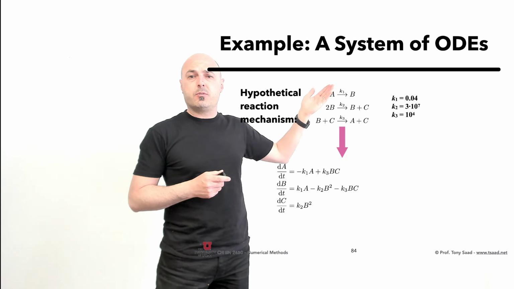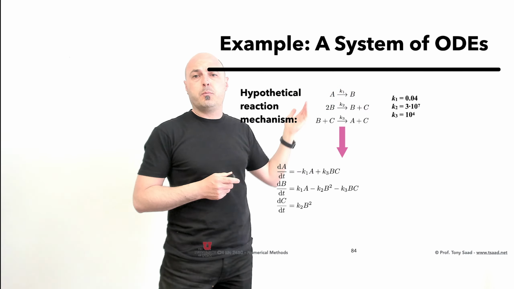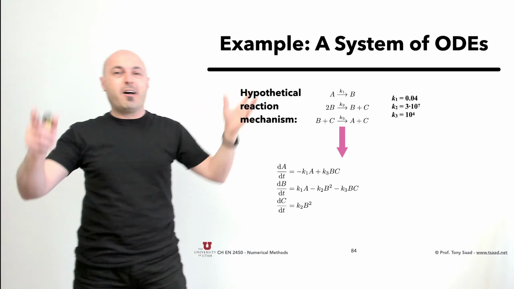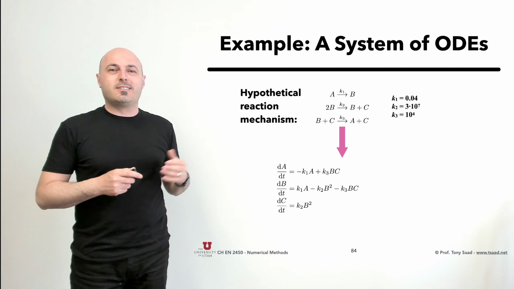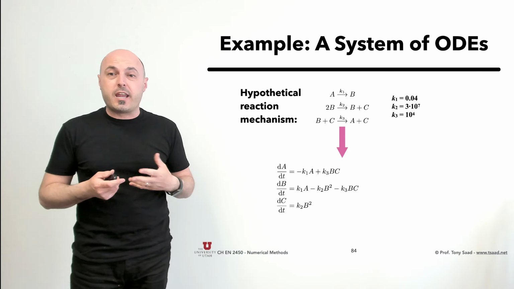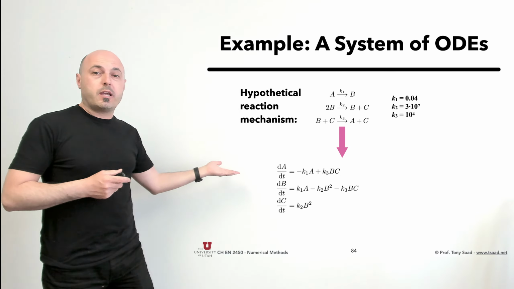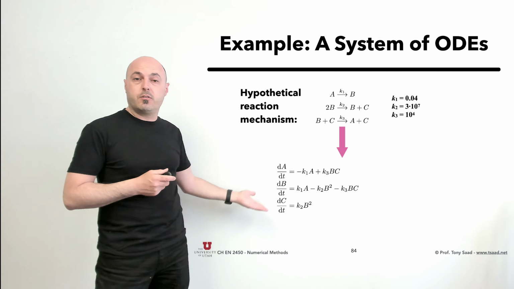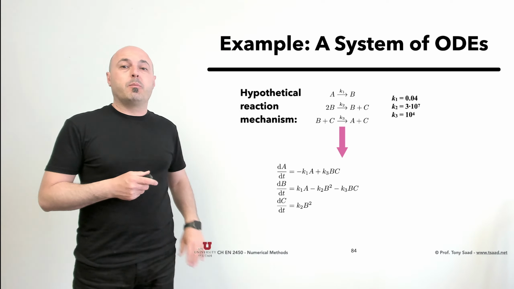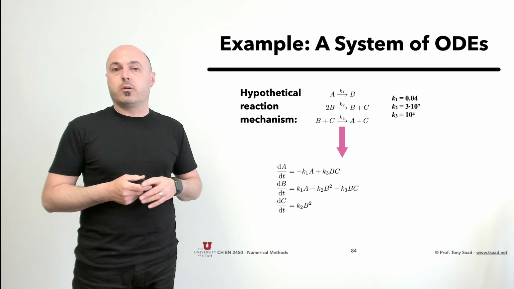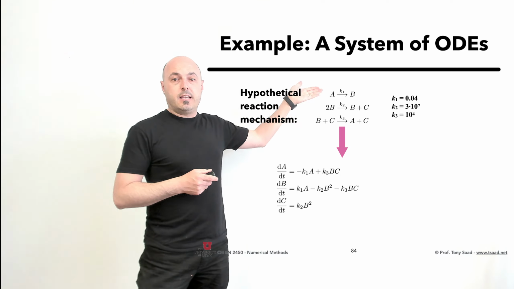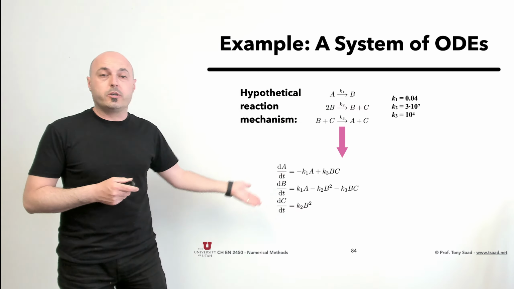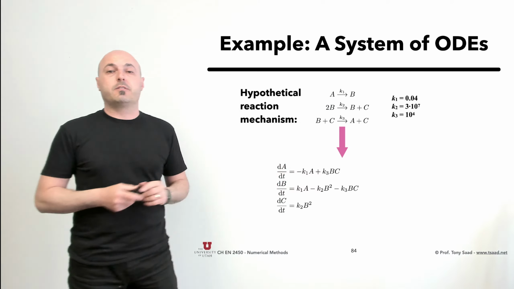A reacts at a given reaction rate k1 and converts into B, and then B converts into B plus C, and then B plus C goes back to A plus C. So you have all of those rates of reactions and all of those rates of change that work together, and then you can show that you end up with a system of equations like this. You will learn how to derive those equations. These are very similar to compartment models, and you understand how to translate a kinetic system, a reaction system like this, into the governing equations for the concentration of these different reactants.